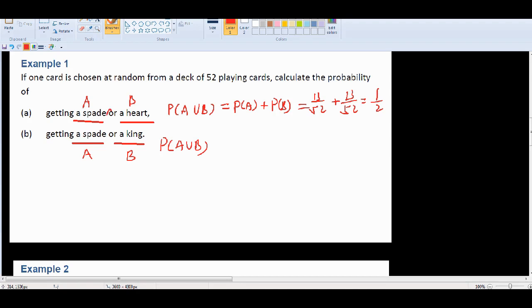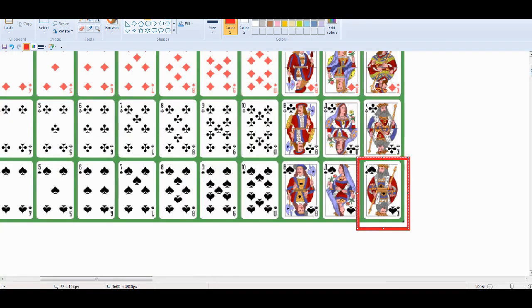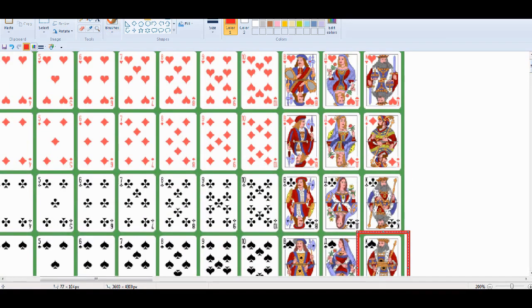So when you see the word or, it means union. Alright, okay, so P(A) plus P(B), but this time you have to take away P(A and B). Alright, P(A) is a spade. Spade, you got 13 of it. Kings, you got how many kings? Let's count how many kings. Okay, 4 of them, right?